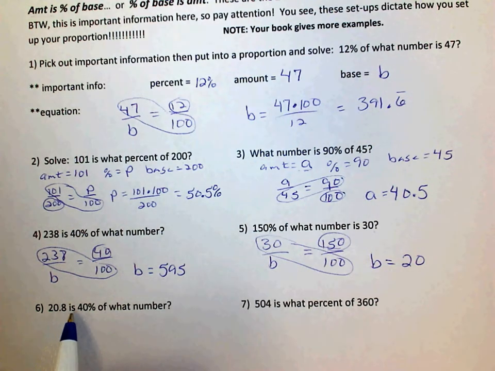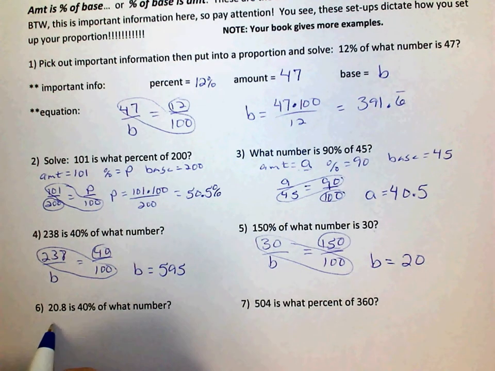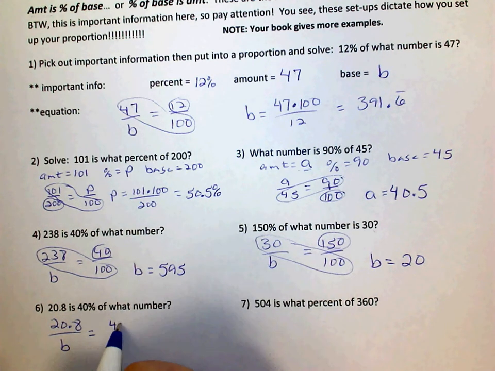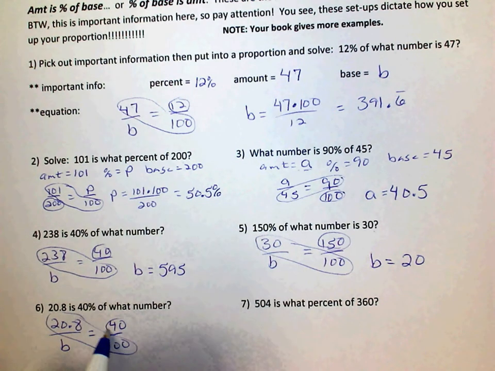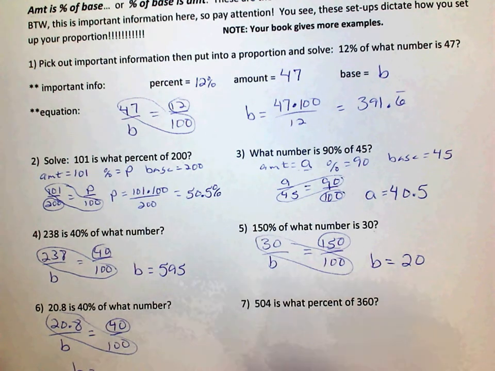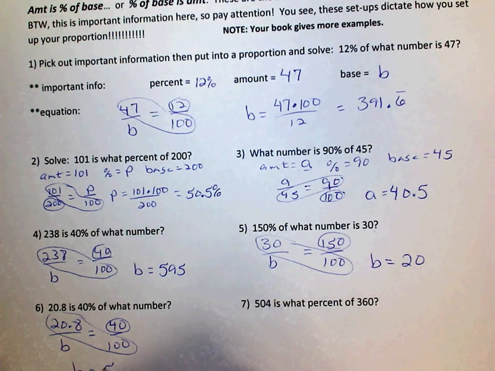20.8 is 40% of what number? So I'm going to shortcut this. Amount is percent of base, so 20.8 over base equals 40 over 100. Multiply by these two, divide by this one. So 20.8 times 100 divide 40 gives us 52.